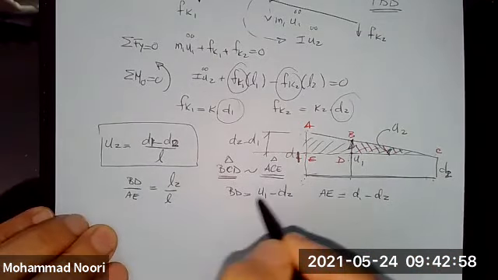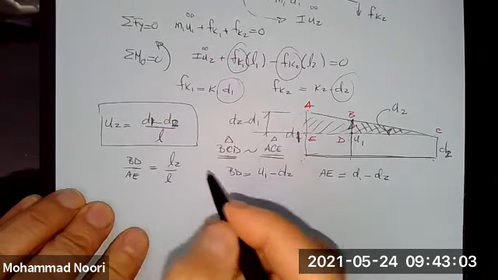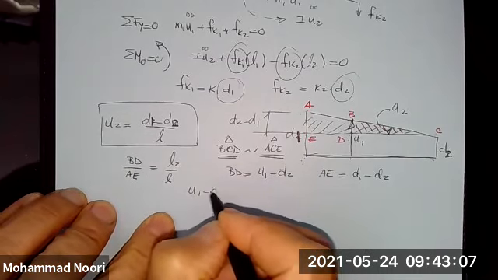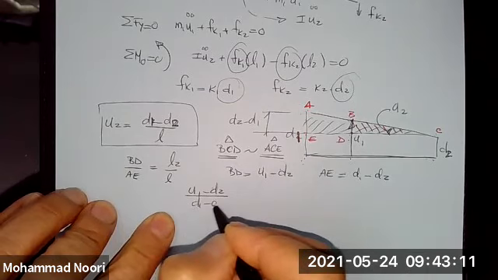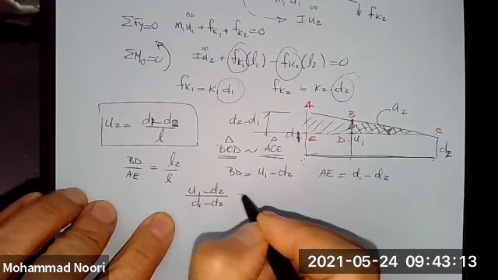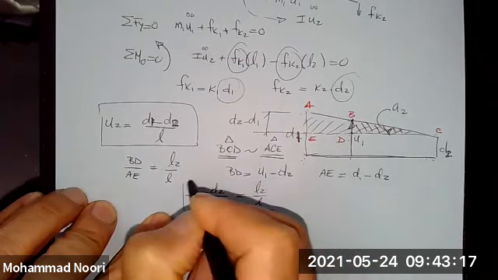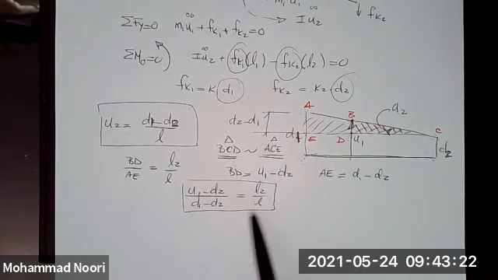So let's substitute these into this equation. You get U1 minus D2 over D1 minus D2 is L2 over L. So this is another relationship between U1, U2 and D1 and D2.